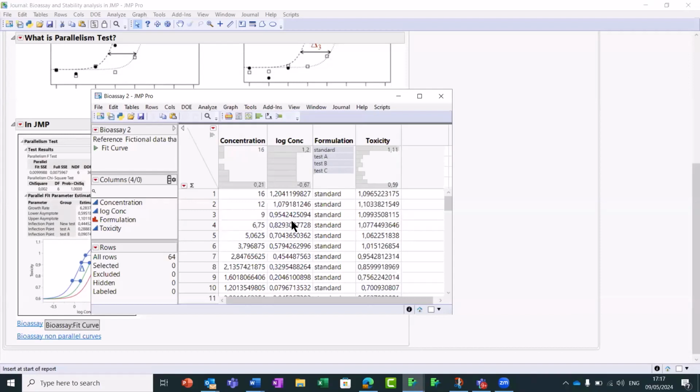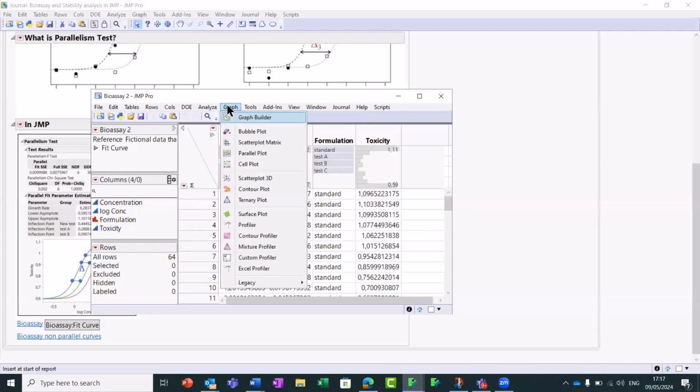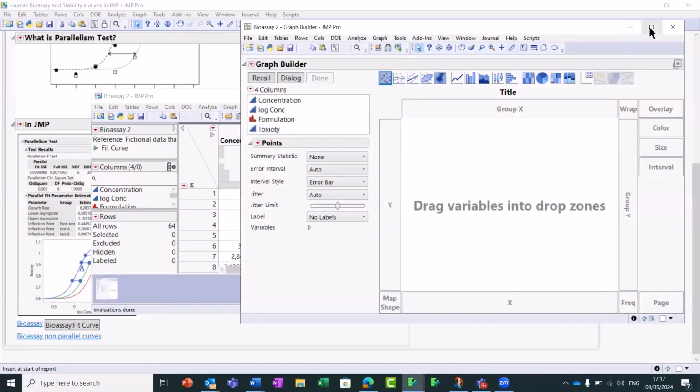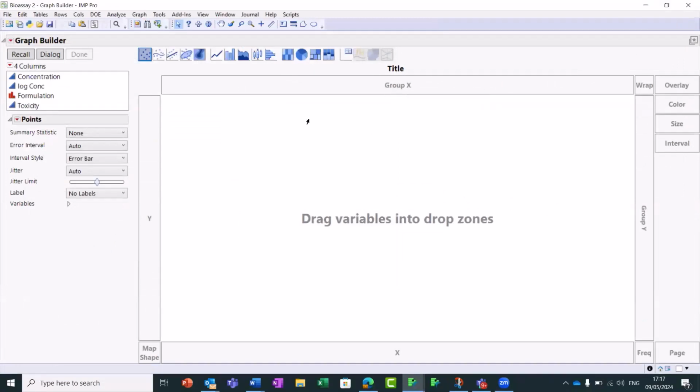We would like now to find out which type of curve fits best to this data set. What I usually do is first check that with the Graph Builder, to see if the data is of good quality. The Graph Builder is a very nice platform. I suppose that a lot of people who start using JMP actually start with the Graph Builder because they see the power of making a graph very easily and very fast.